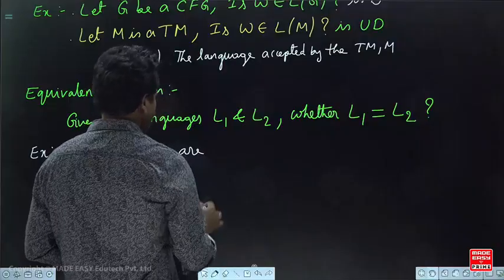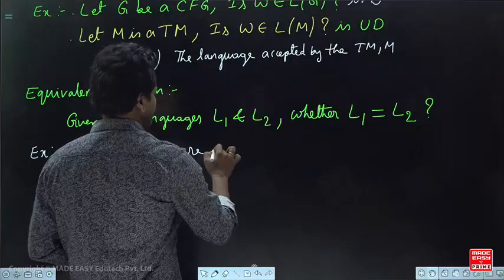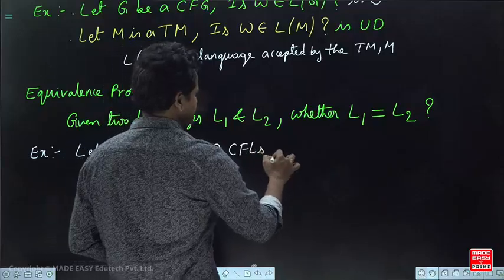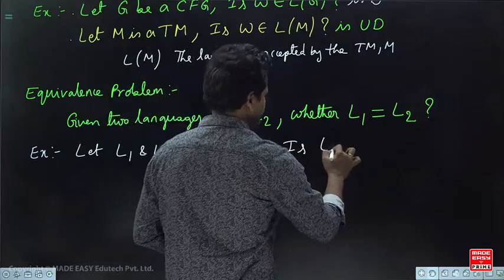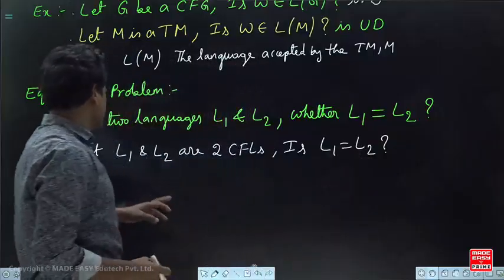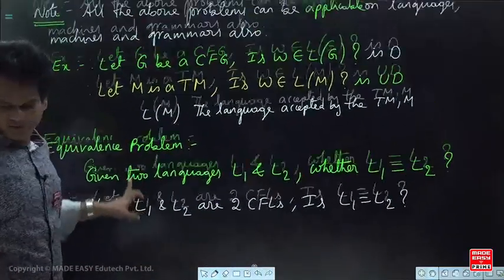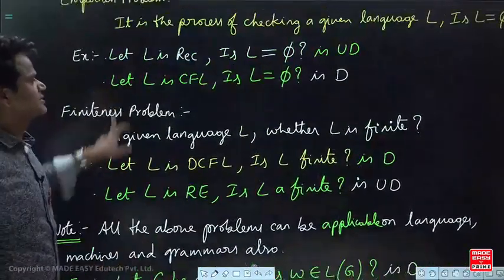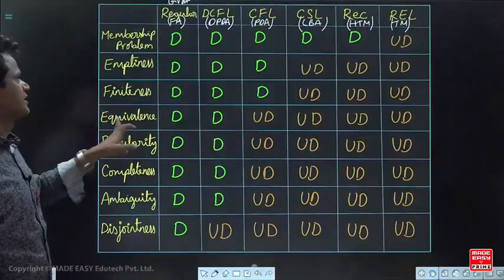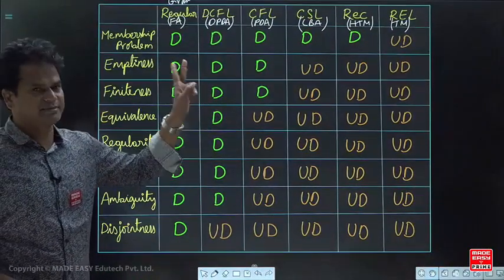Now L1, L2 are two CFLs, context free languages. Then is L1 equal to L2? Now guys, the equivalence of context free languages is undecidable.